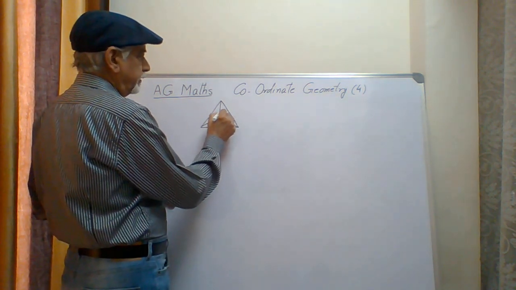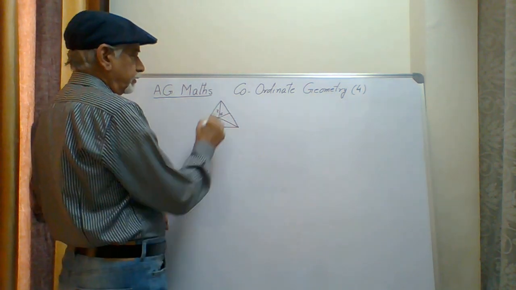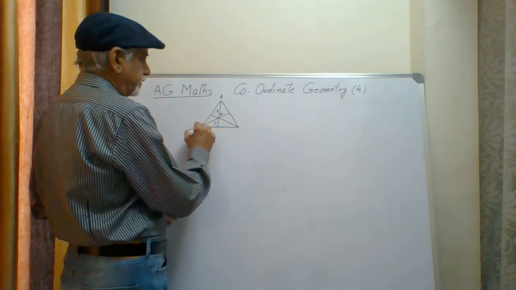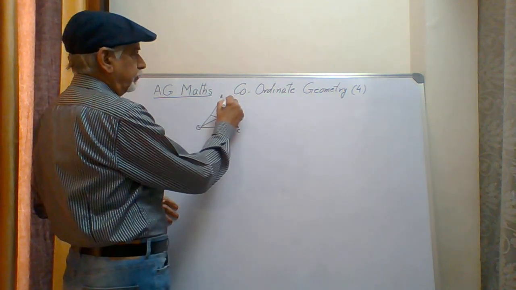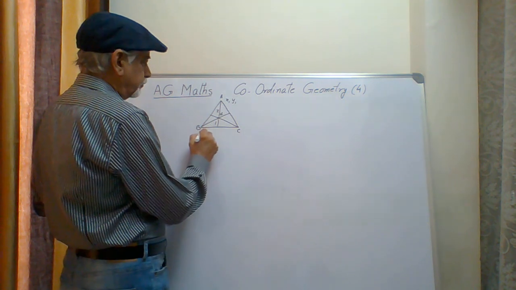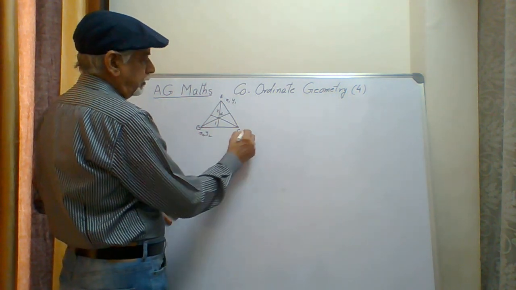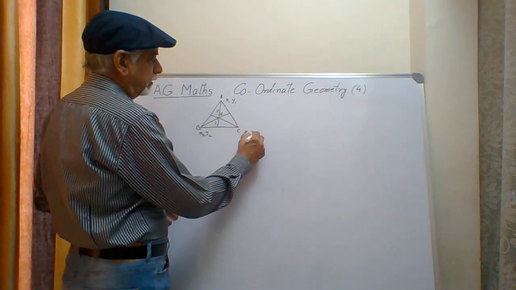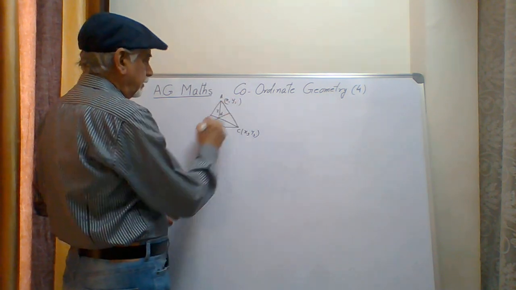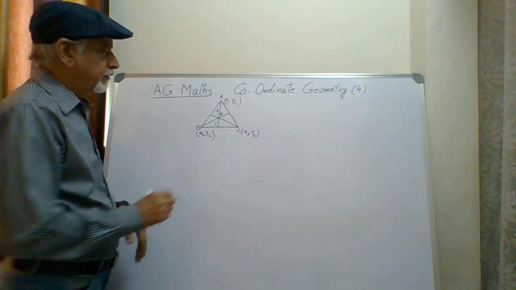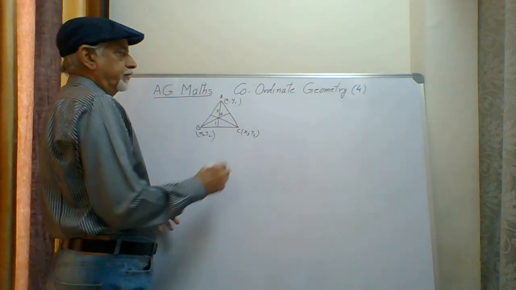This point G divides them in the ratio of 2 to 1. A, B, C have coordinates x1, y1, x2, y2, x3, y3. These were the coordinates of the vertices. We have to find the coordinates of the centroid G.